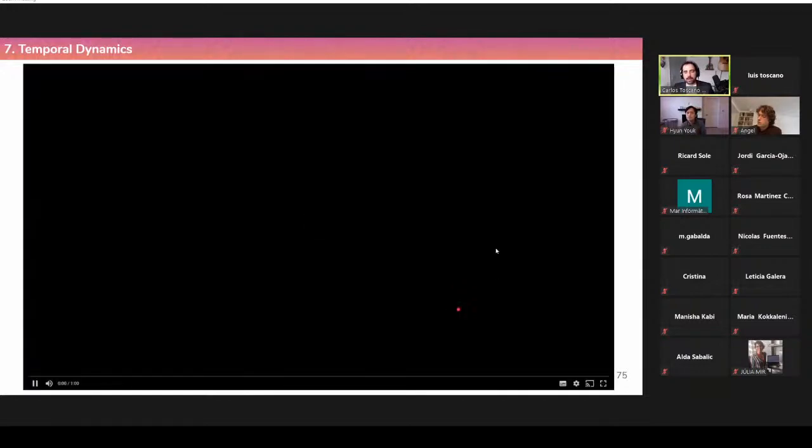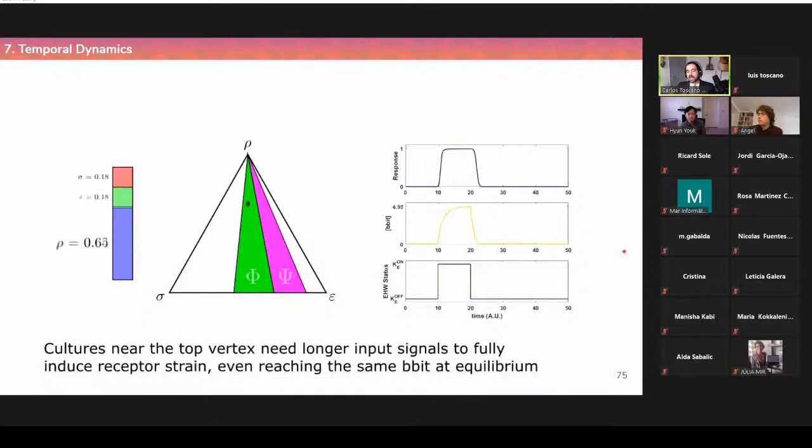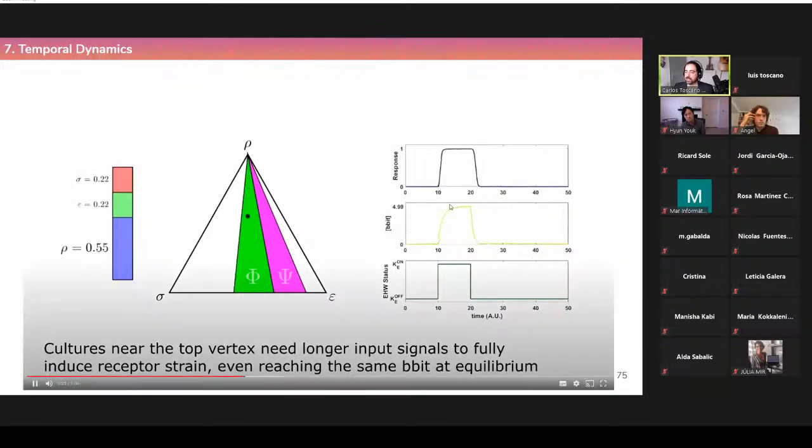Now, what about, oh, sorry, I'm going to show you here a video of what I'm telling you right now. This is a sample of cultures that are moving across one of these iso lines that irradiates from the top vertex to the bottom. So they all are meant to reach exactly the same biobit at equilibrium concentration. In this case, it's 5 arbitrary units of biobit.